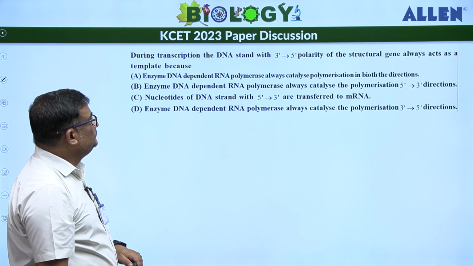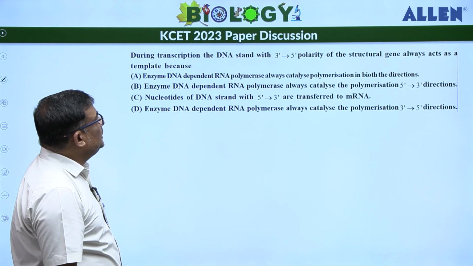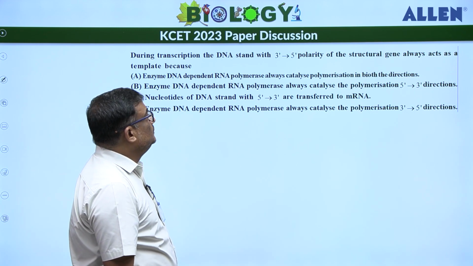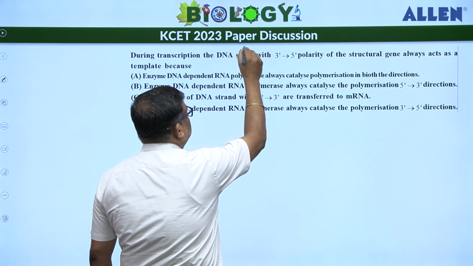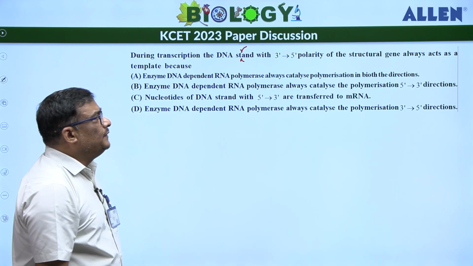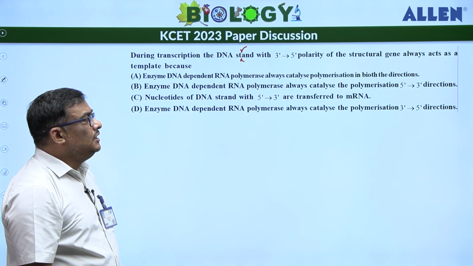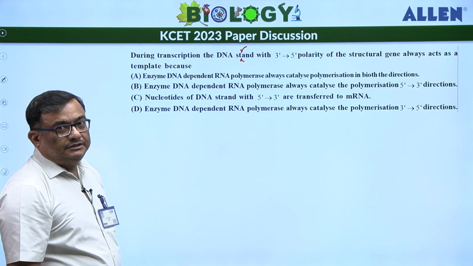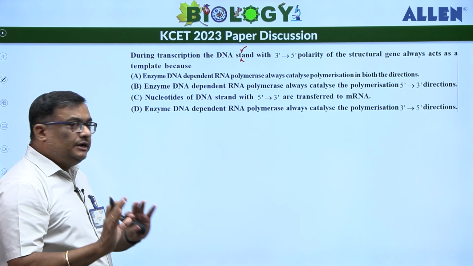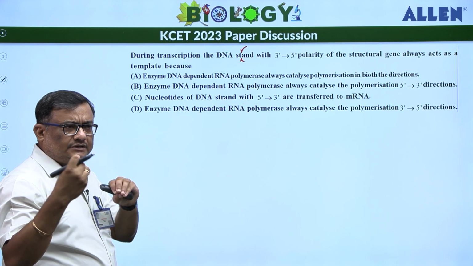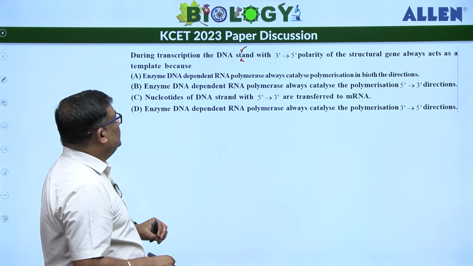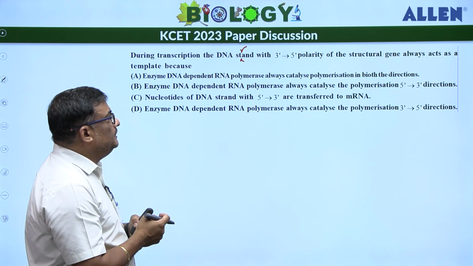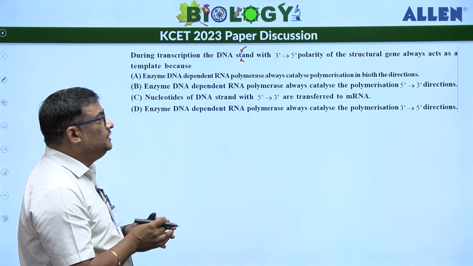Next one. During transcription, the DNA strand with 3' to 5' polarity of the structural gene always acts as a template. Now, a very good question, and it's a conceptual question. Okay. The enzyme DNA dependent RNA polymerase always catalyzes polymerization in both directions?